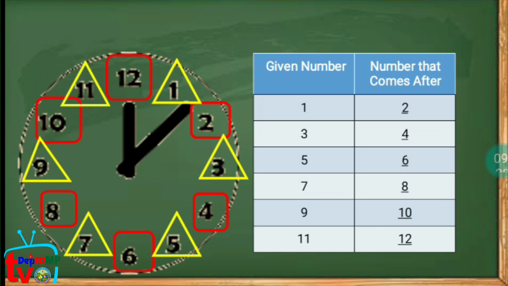If you're done, here are the correct answers. 2 comes after 1. 4 comes after 3. 6 comes after 5. 8 comes after 7. 10 comes after 9. 12 comes after 11.